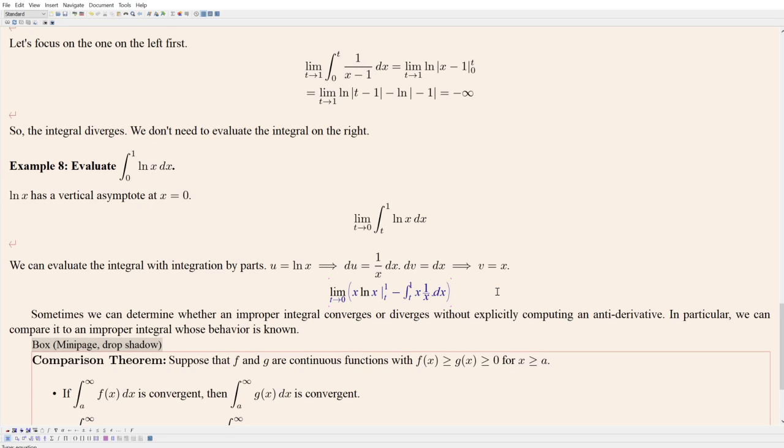So this actually works out perfectly. So plugging in 1, we get 1 times log 1, but log 1 is 0. Plugging in t, we get t log t, minus, well, this is just the antiderivative of 1. So that's x evaluated at 1 and t. So that's 1 minus t, like so.